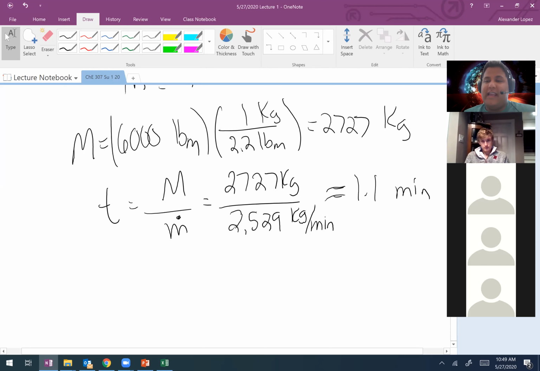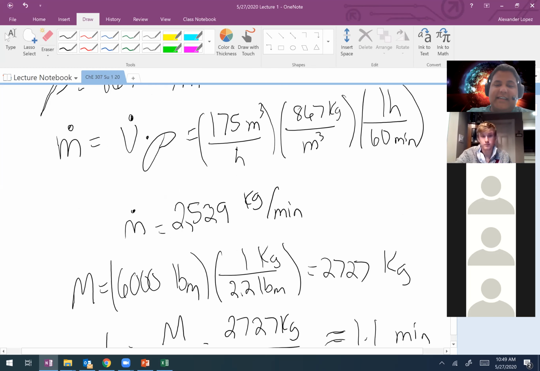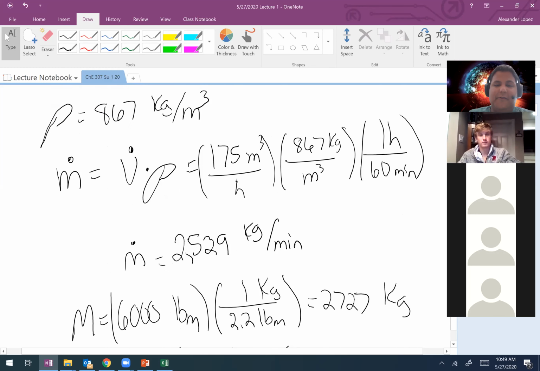But when you report answers, report them in a way that makes sense, which means more often than not, you're going to be looking at 2 to 4 sig figs max in a given situation.